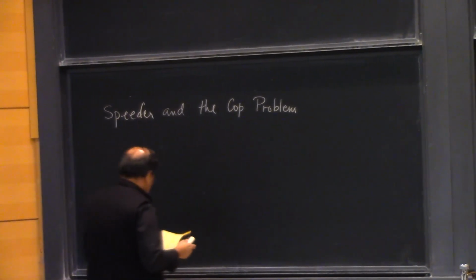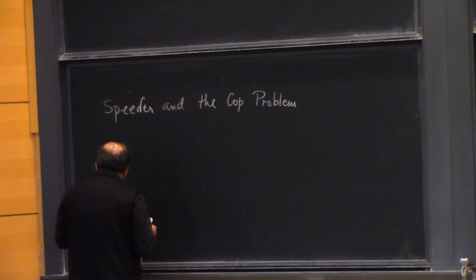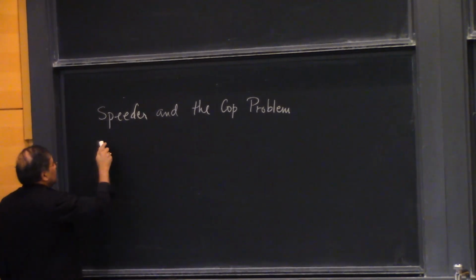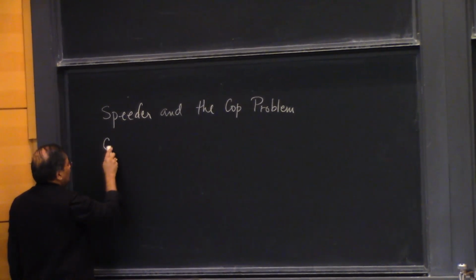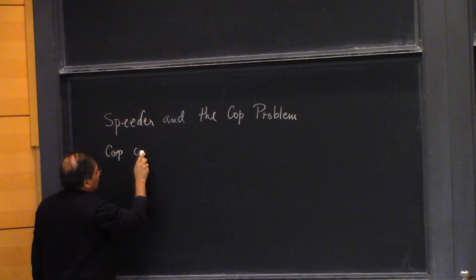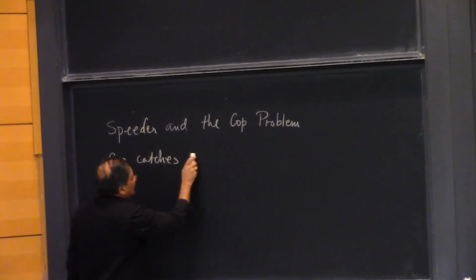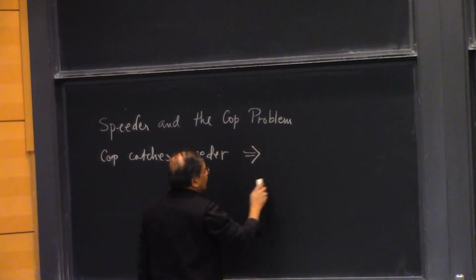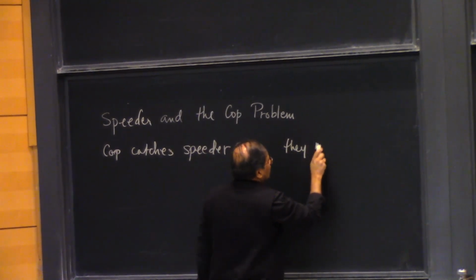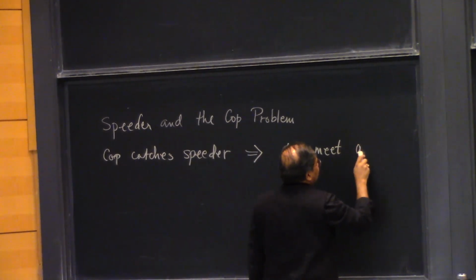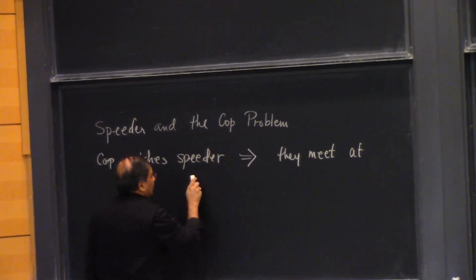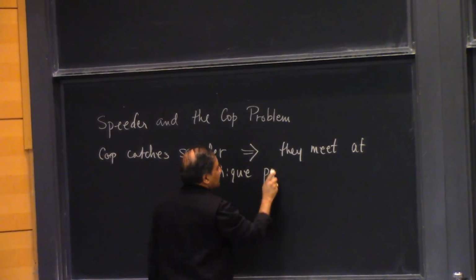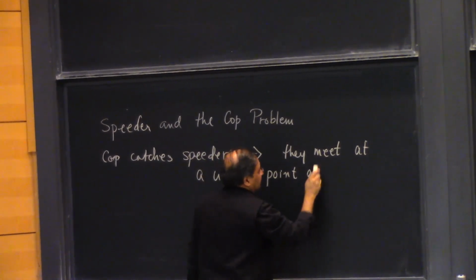So the first point that I want you to realize in all these problems is, when I say somebody catches somebody or somebody meets somebody, so in this case, cop catches speeder, essentially implies that they meet at a unique point, a unique position, at a unique time.